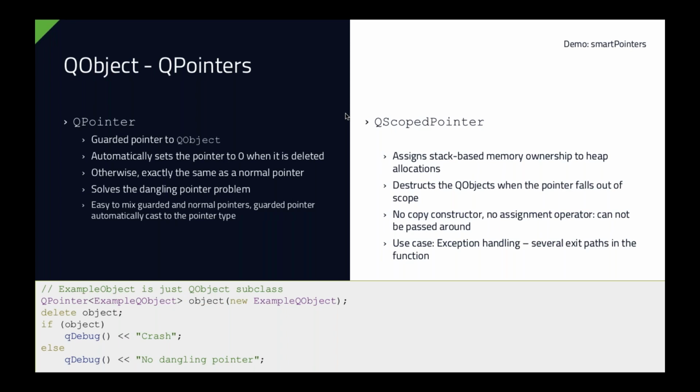QScopedPointer does not have a copy constructor or an assignment operator, so whereas with a QPointer you can pass it around like a normal pointer, a QScopedPointer will only stay within the function it's used. You could use this, for example, in exception handling or any kind of function where there are several exit paths in the function. Okay, hopefully that's clear.